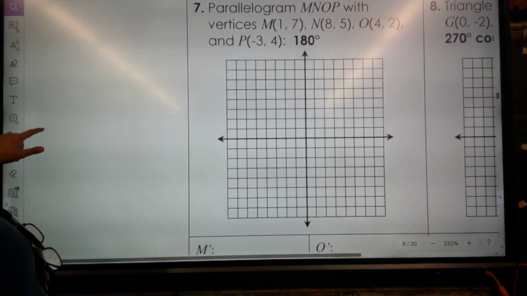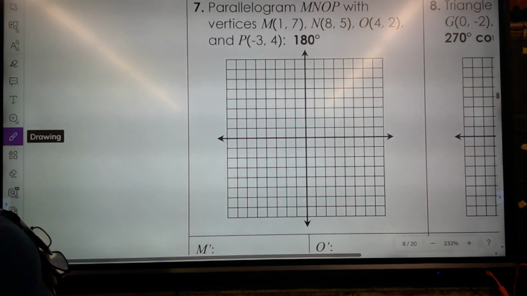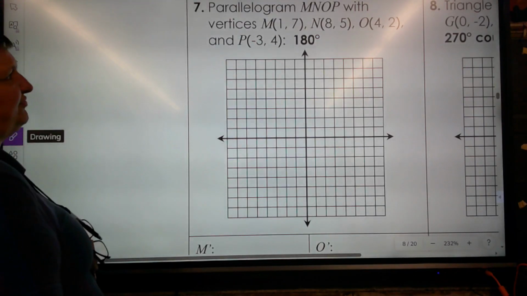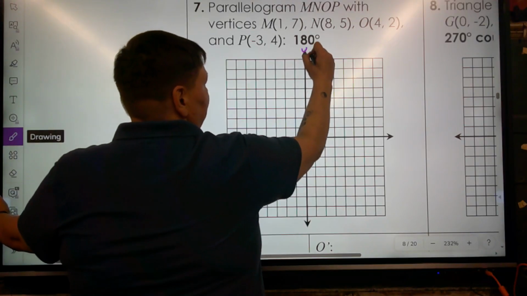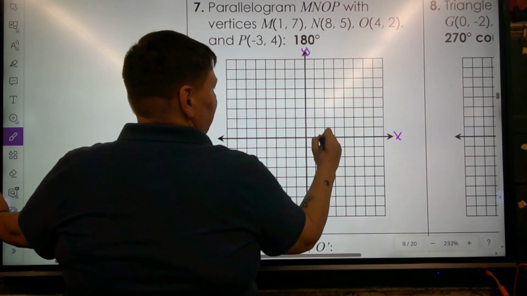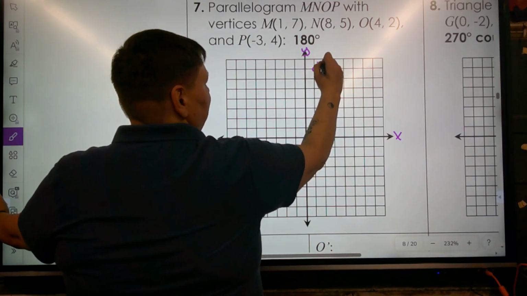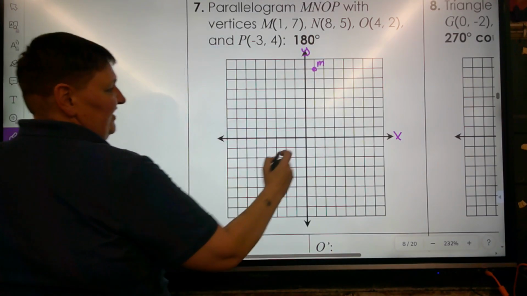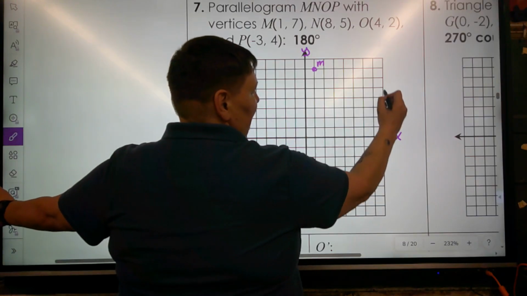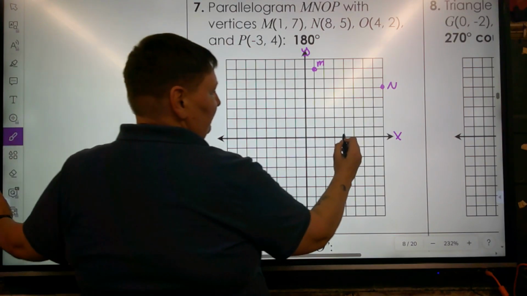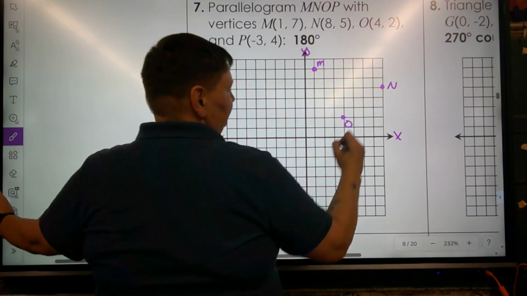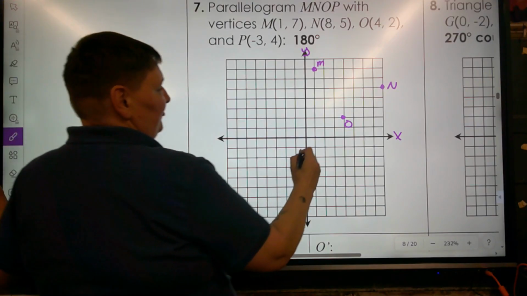And next, parallelogram and 180 degrees. All right, pre-image. M is 1, 7. 1 to the right, 7 up. N is 8, 5. 8 to the right, 5 up. O is 4, 2. 4 to the right, 2 up. P is negative 3, 4.